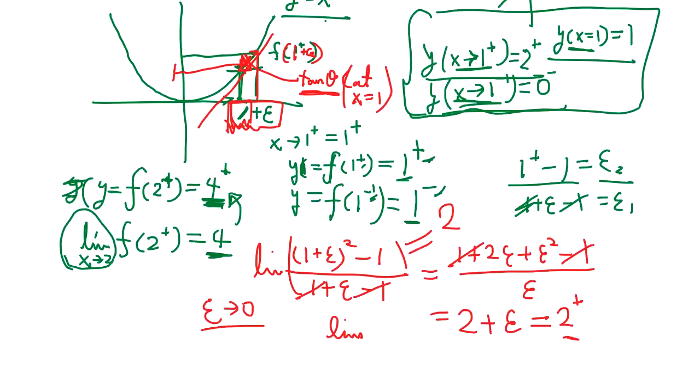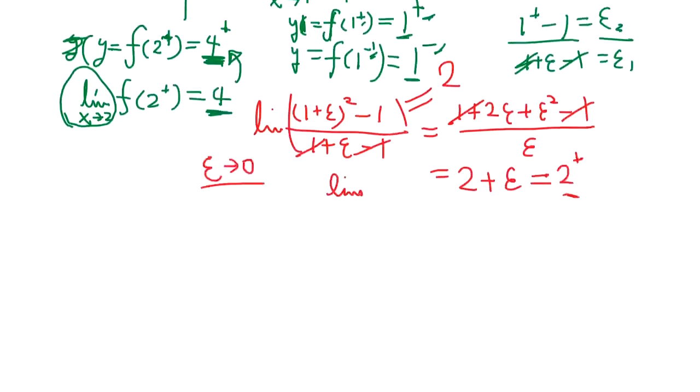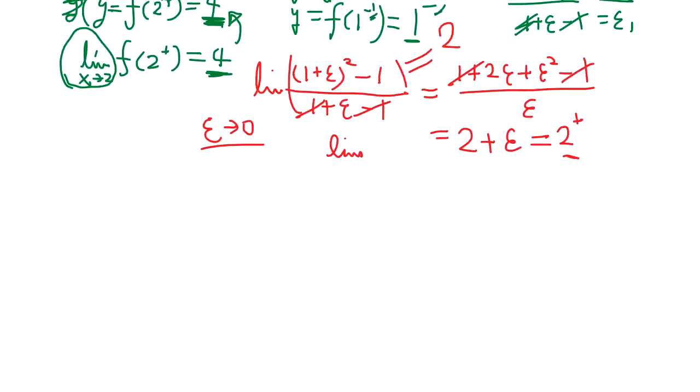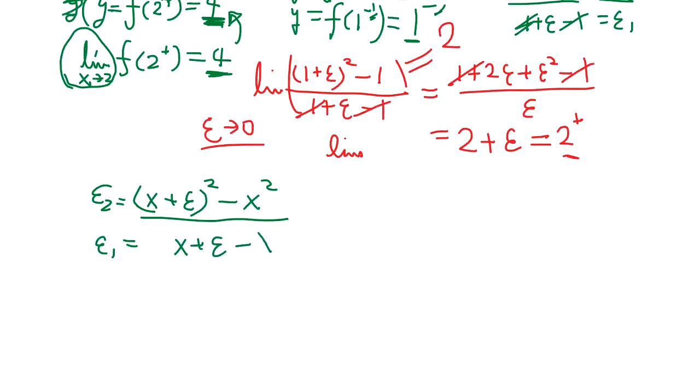Okay, so only x equals 1 is no fun. Let's make it at a general point x, plus a small amount, which is going to be an infinitesimal number. On this side it is x plus epsilon squared minus x squared, over x plus epsilon minus x.